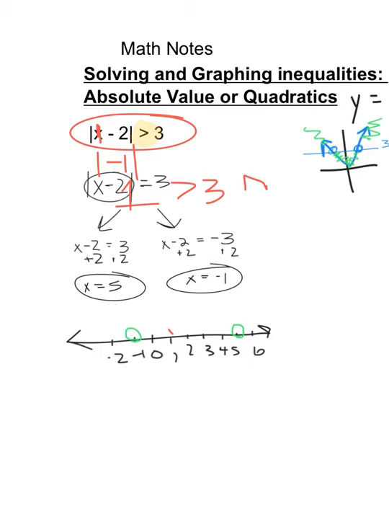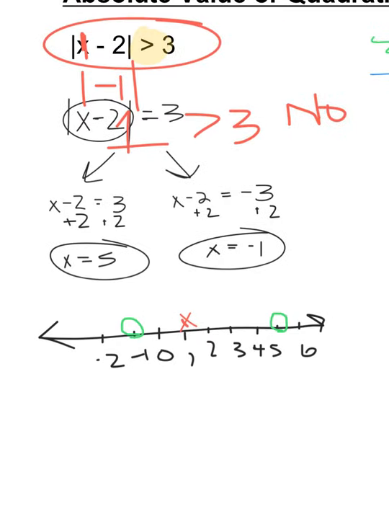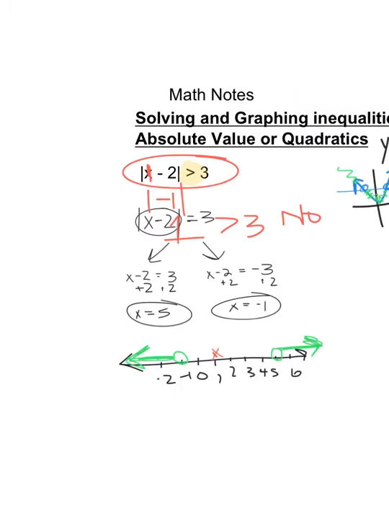No, that is false. 1 is not greater than 3. So inside here should not be shaded, and the answers we have are on the outsides. Meaning, any number smaller than negative 1, so negative 2, negative 3, negative 4, would make the inequality true, and any number bigger than 5, 6, 7, 8, would also make the inequality true.